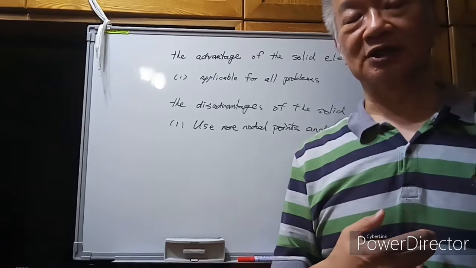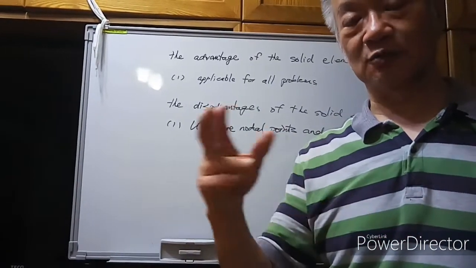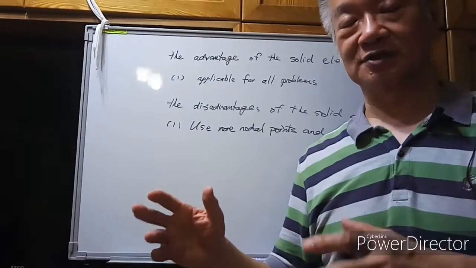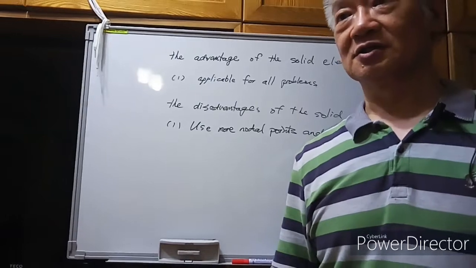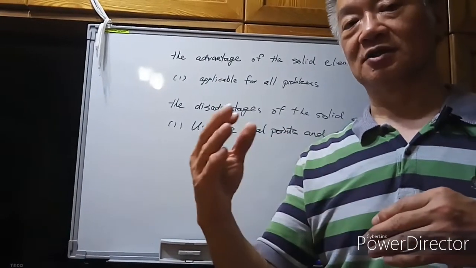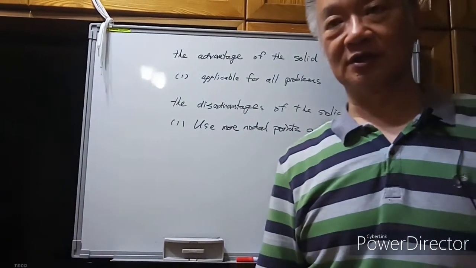If we use millions of degrees of freedom, it means that we need to solve very large systems of simultaneous equations, since we need to have the same number of equations as unknowns.